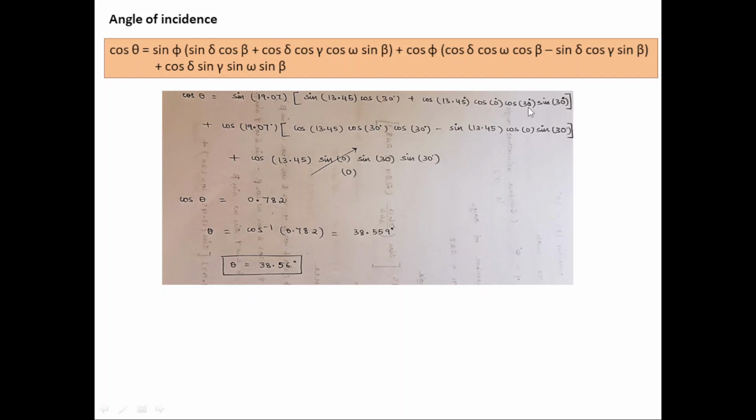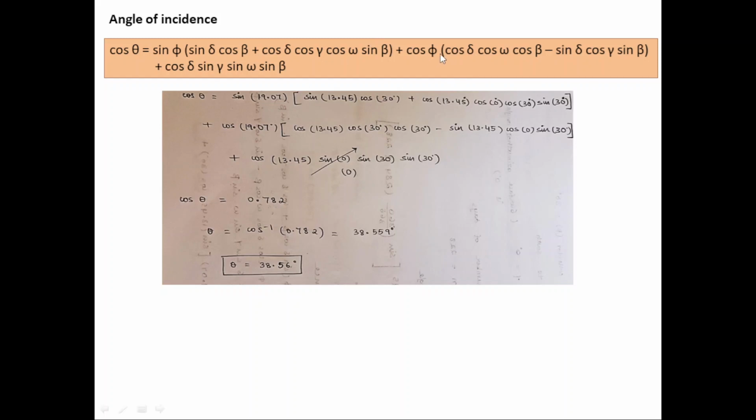In case of cos there will not be any issue, as I said previously, but in case of sine there will be an issue. You have to be careful while doing the calculation, because sine of a negative angle is minus sine of that angle, whereas cos of a negative angle is the same as cos of that angle.